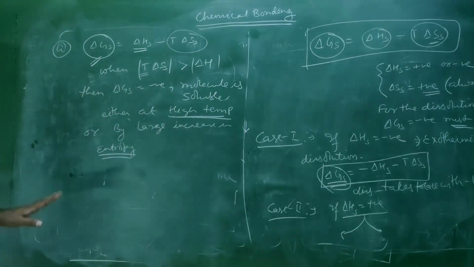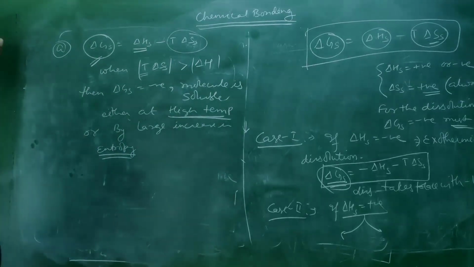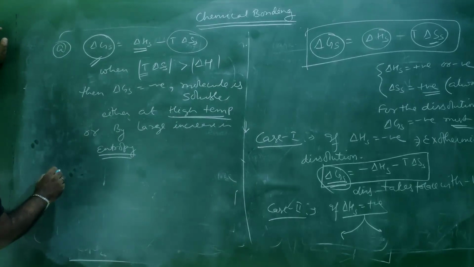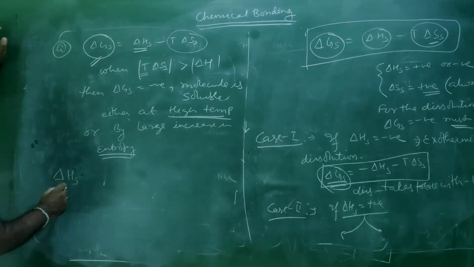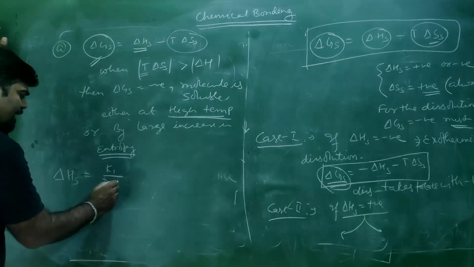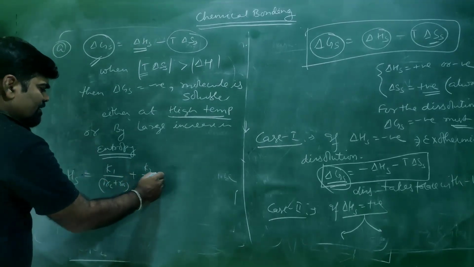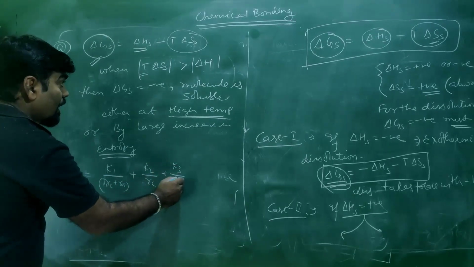So this is the case of solubility in ionic compounds. The variations of ionic compounds can be explained like this. Del Hs is equal to K1 by Rc plus Ra, as we have seen, plus K2 by Rc plus K3 by Ra.